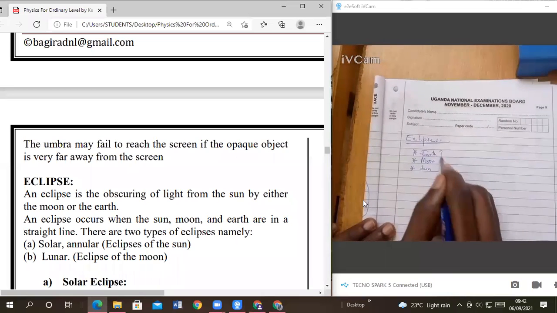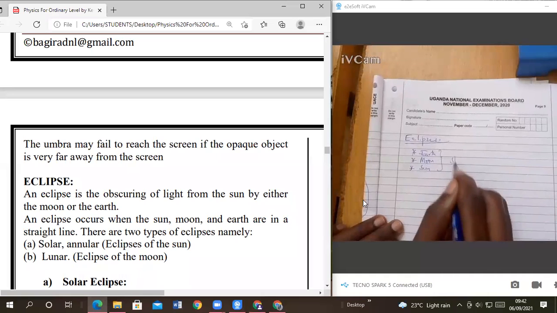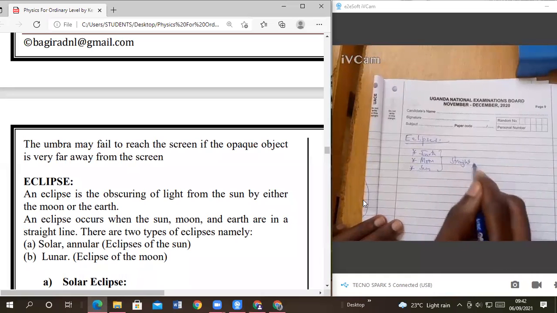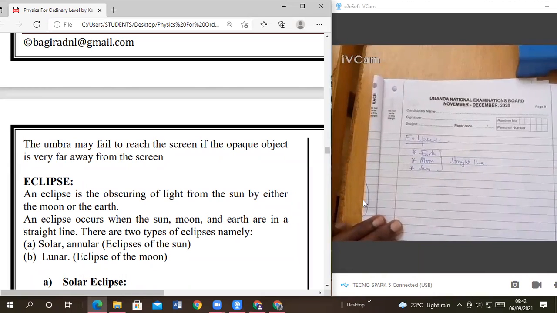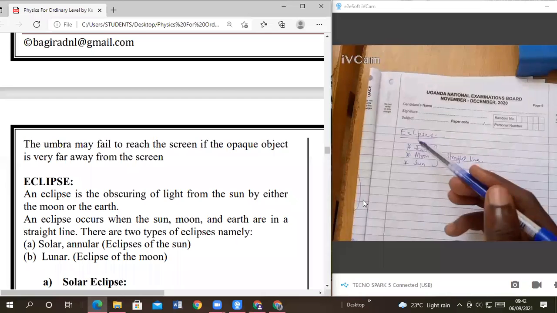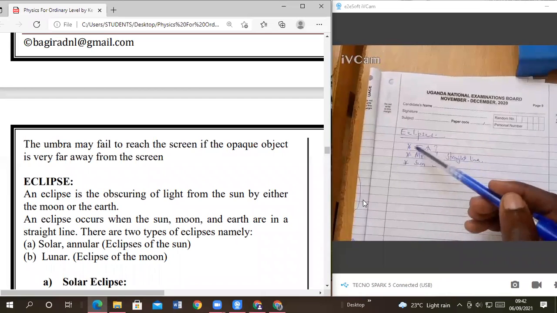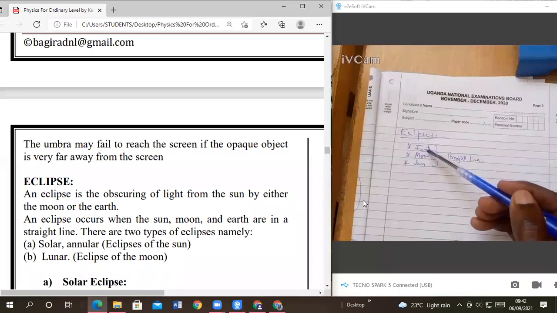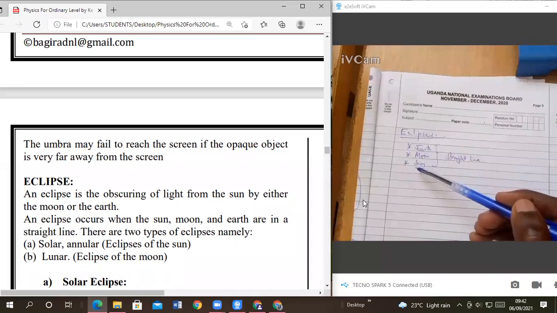All these must be in a straight line. So eclipses are formed only and only if all these three components are in a straight line: the earth, the moon, and the sun.